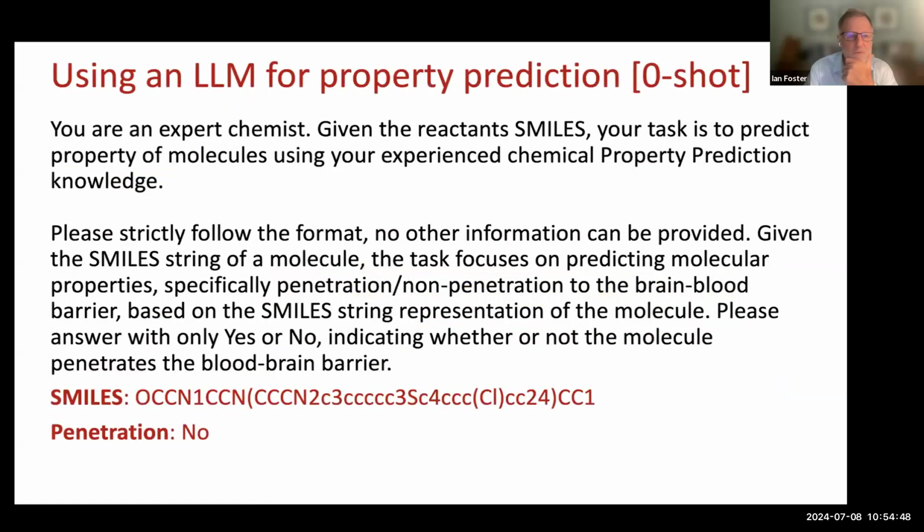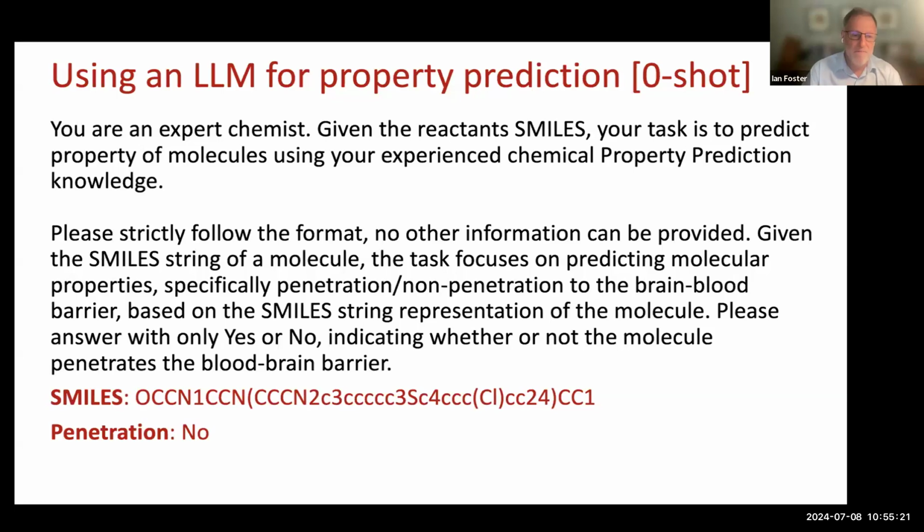Let me give you an example. Say we want to use an LLM for property prediction. This is the prompt, so you can read it. Some of you are expert chemists and some of you are not, but the idea is, given a particular representation of a molecule, we want to predict whether or not the molecule will penetrate the blood-brain barrier.